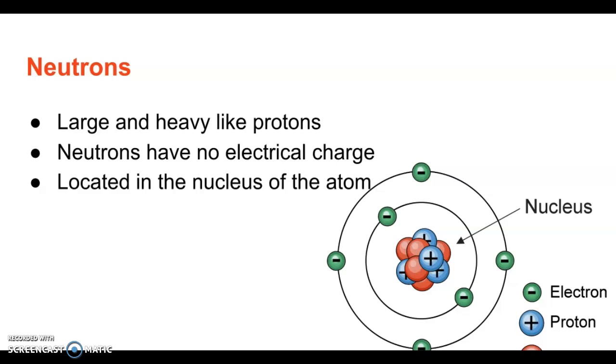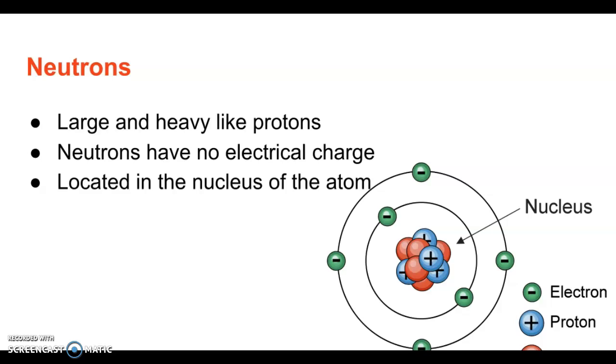Your neutrons, right? Your neutrons are also located in your nucleus, okay? Neutron, nucleus. Neutrons, unlike protons, okay, have no electrical charge. They are neutral. And neutrons, like protons, right, are large and heavy, okay?